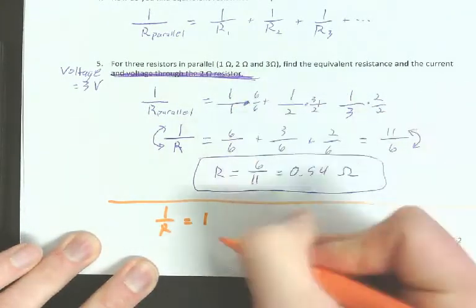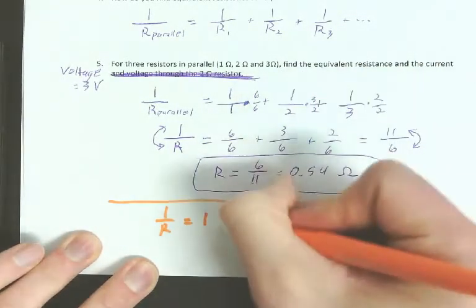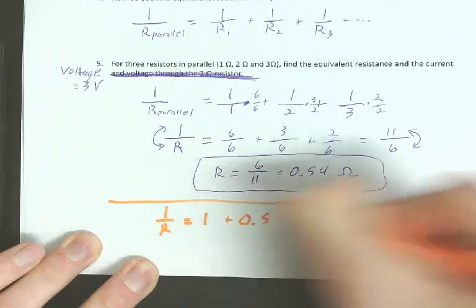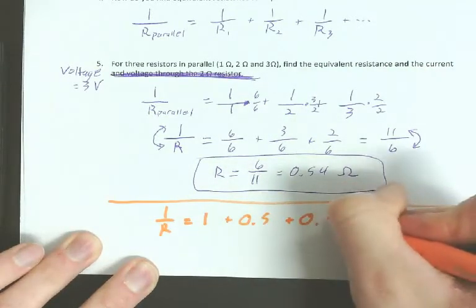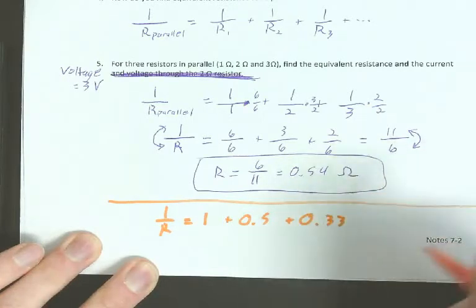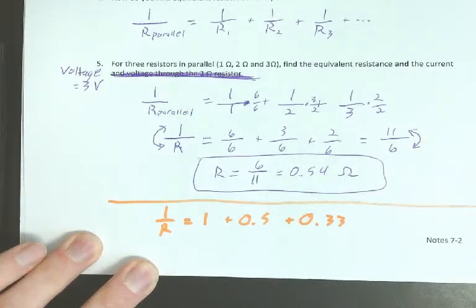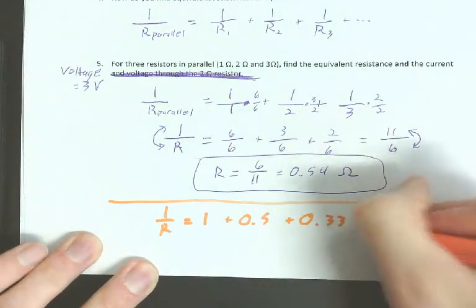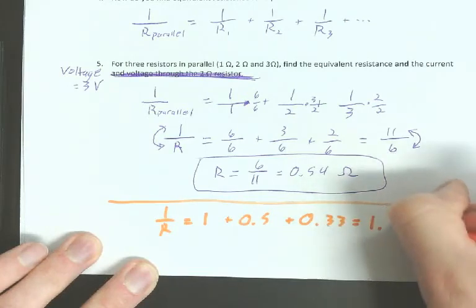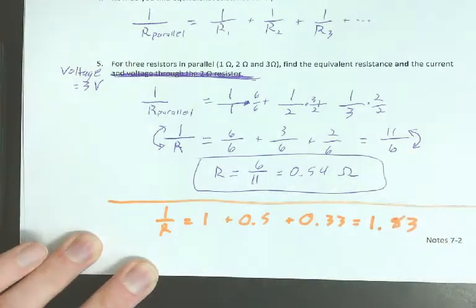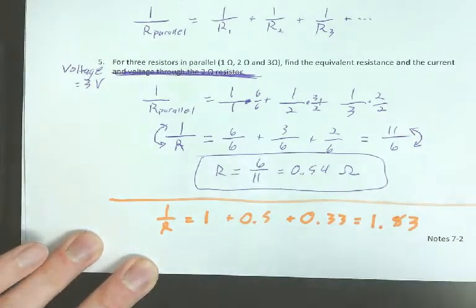So 1 divided by 1 is 1. 1 divided by 2 is 0.5. 1 divided by 3 is 0.3 repeating, but we'll just go ahead and round it to 0.33. Or you could do 0.3 or whatever you want to do. Okay? Add that up. That gives you 1.83. Now, that is not the answer.